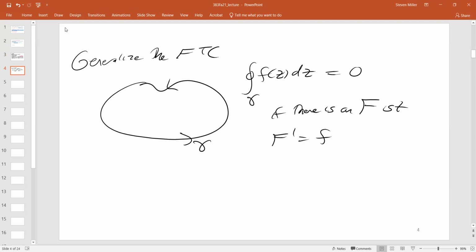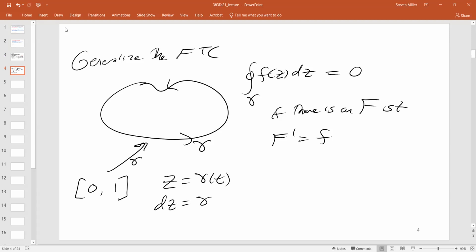And the proof of this is really a multivariable calculus proof of parameterizing the curve. So what you typically do is you have some interval 0, 1, and you have some map t. So z would be gamma of t, dz would be gamma prime of t dt, and you would do your parameterization.